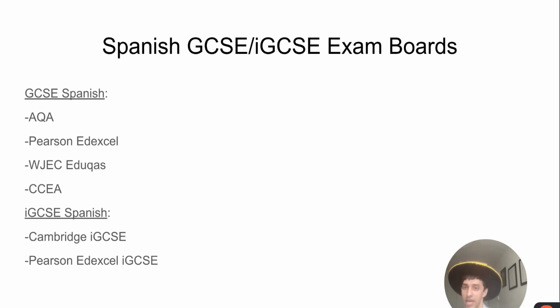Definitely try and prepare for using materials that are specific to your exam board, because even though there is a lot of overlap in the content and even on the skills examined, all of these exam boards will test you on reading, writing, speaking, and listening. It's still best to get a flavor for the format and the syllabus of your particular exam board. And be aware that that can change over time as well.